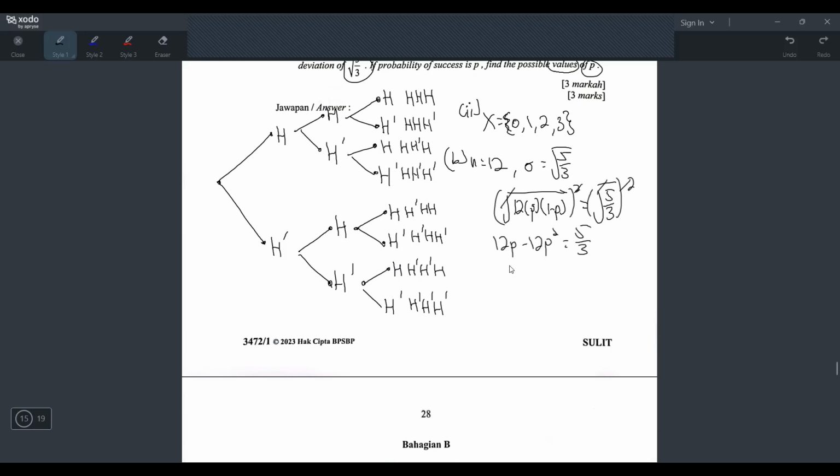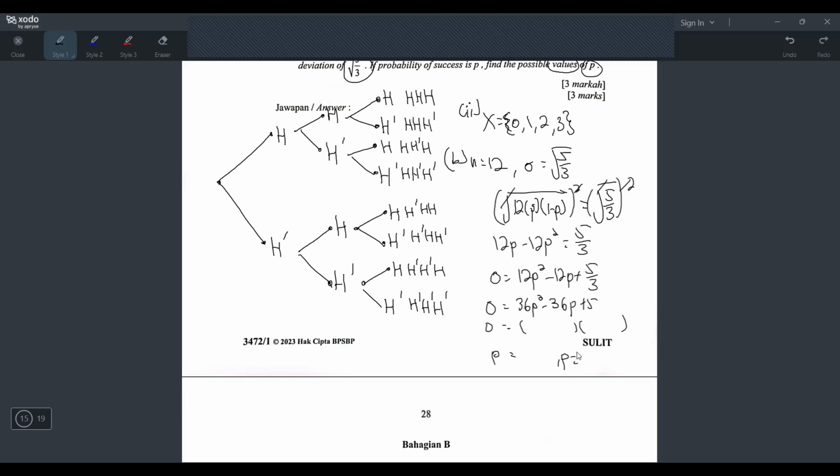And since you see a square, this is quadratic, so you move everything to one side equals 0. But I will move everything to the right side so that my a is positive. So it will be 12p square minus 12p plus 5 over 3. And since there is a fraction, I will multiply everything by 3, so it becomes 36p square minus 36p plus 5. Even though it's on the right side, I still can factorize. Let's press the calculator.